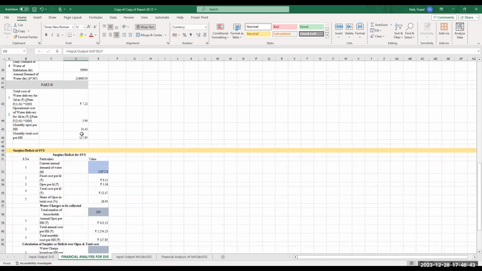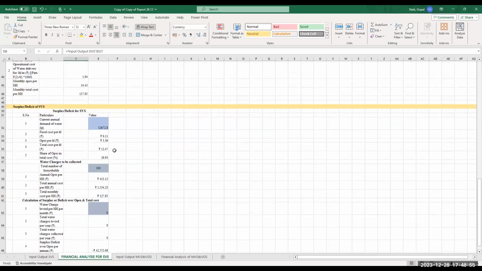So these figures are actually taken as output in the first sheet. That's how it is linked, and therefore one can read that output from here.